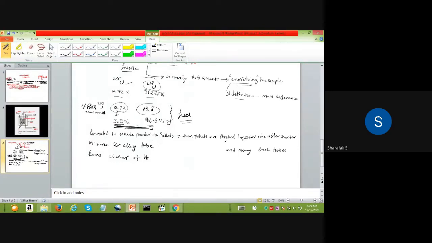So this is stacked together one after another in some zirconium alloy tube, and many such tubes form a cluster of it.